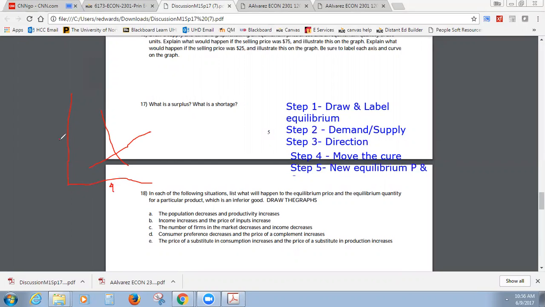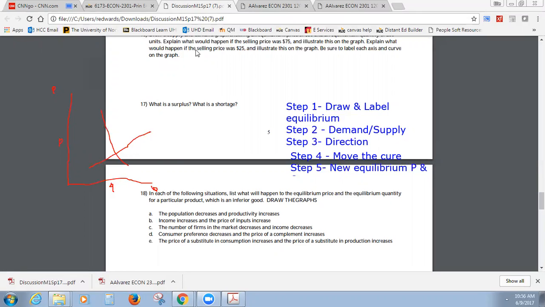I have the price. This is equilibrium, right? This is going to be quantity because it's the horizontal axis. This is price. And notice they're both following the law of demand and the law of supply. Law of demand says as the price is decreasing, quantity demanded is going to increase, and that's what's happening here. And the law of supply says as the price increases, quantity supplied is going to increase.